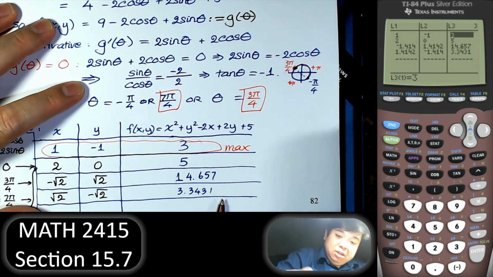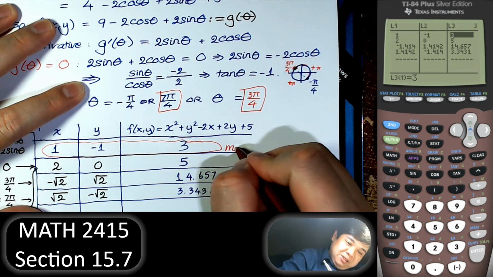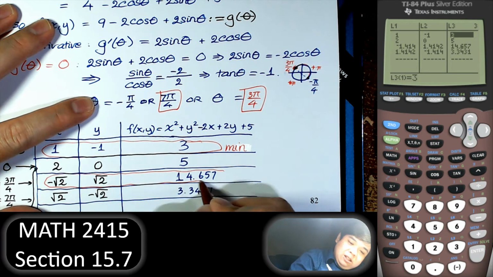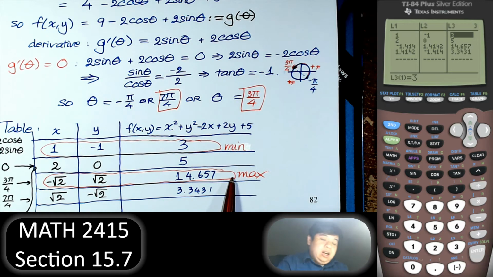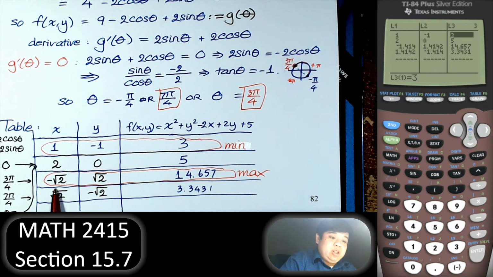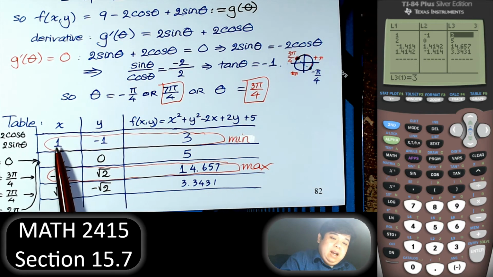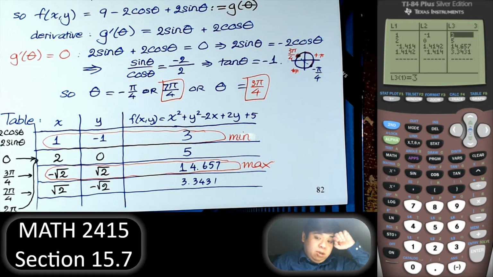I mean the minimum is there, and the maximum is here. So we say the maximum equals this at x equal to negative square root of 2 and y equal to square root of 2, and the minimum is equal to 3 when x equals 1 and y equals negative 1.